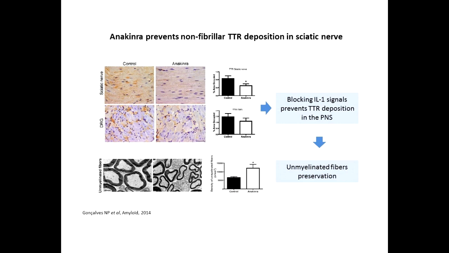We tried already doses ready to go to the clinic, so this happens with doses that can be tried. We are now performing array data to know really what is the mechanism behind these findings, what molecules are activated under these treatment conditions with anakinra. So I hope to have other news in 2 years or so.